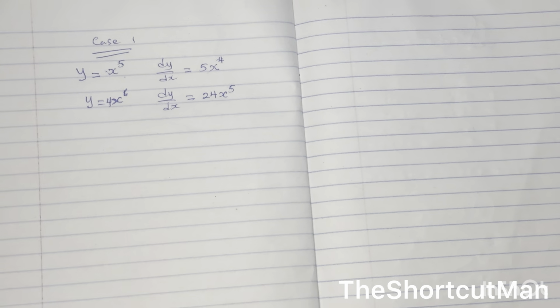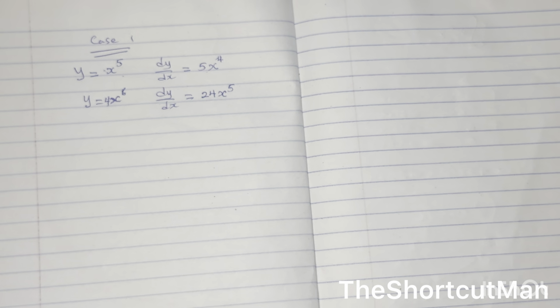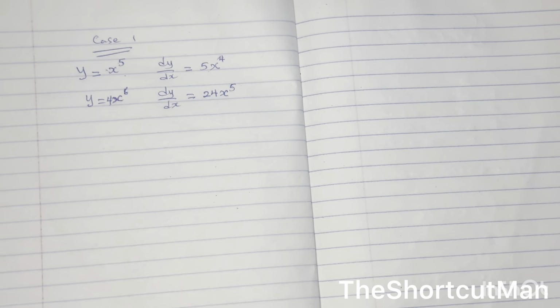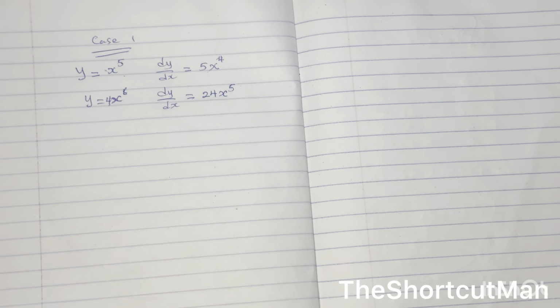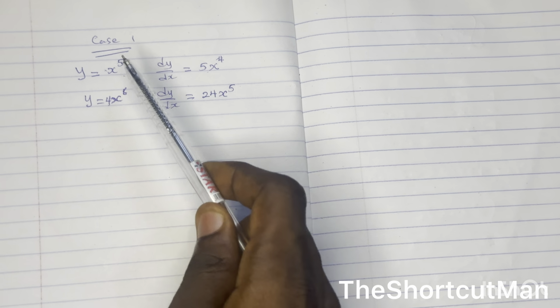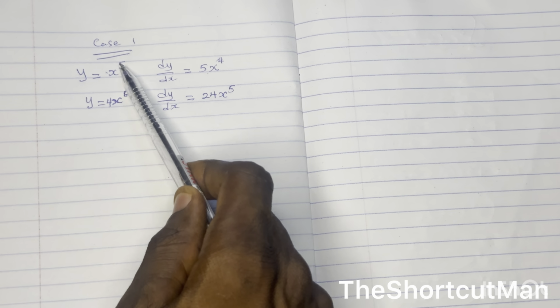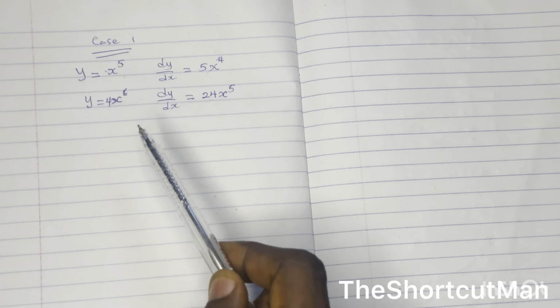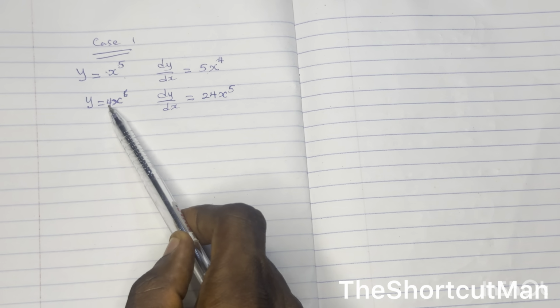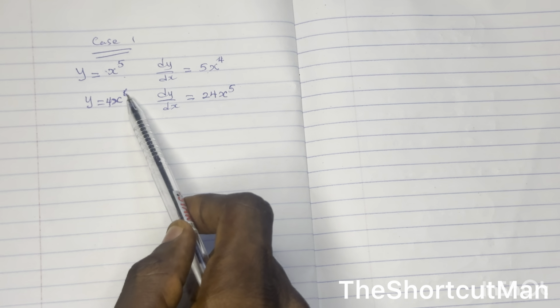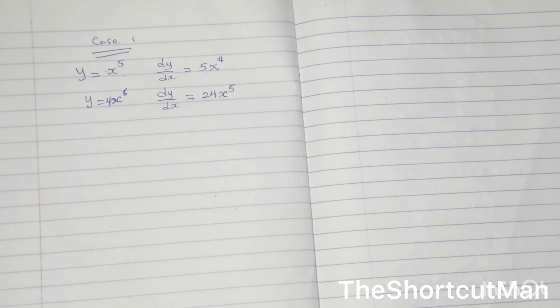So differentiation says you multiply the power by the coefficient, then subtract 1 from the power. Multiply the power by the coefficient, which gives us 5, then subtract 1 from the power, which gives us 4. Multiply the power by the coefficient here to give us 24, then subtract 1 from the power, which gives us 5. This is the basic way of differentiation.